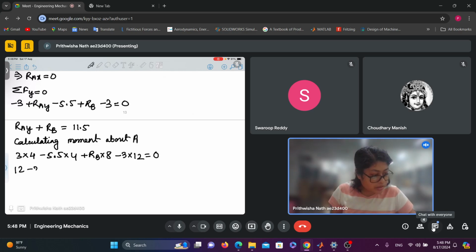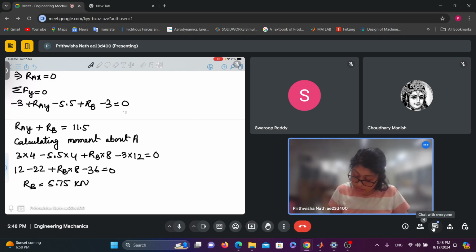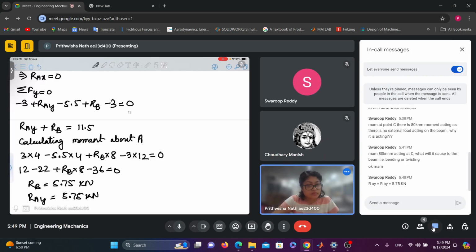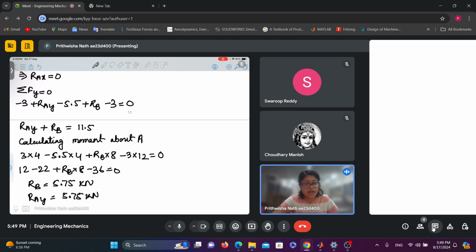So 12 minus 22 plus Rb into 8 minus 36 equals 0. From there, Rb is equal to 5.75 kilonewton and RAy is also 5.75 kilonewton. Yeah, that's correct.